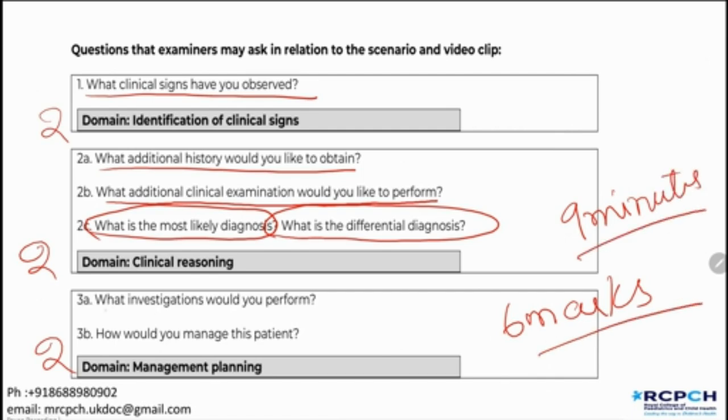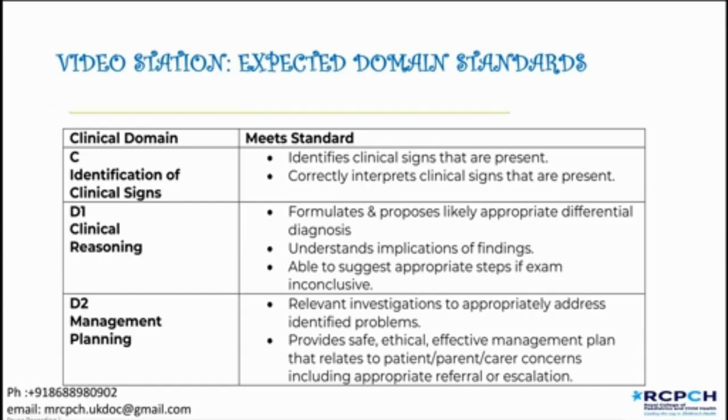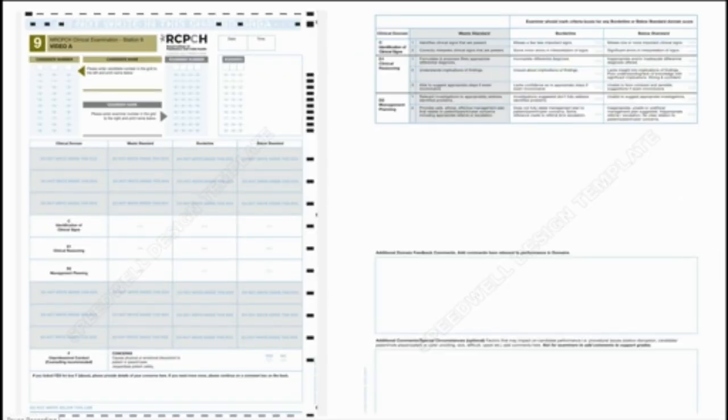And for the next domain, what investigations you would like to perform, and how would you manage this patient, management planning. So the 3 domains are C, D1, D2: identification of the correct clinical signs, clinical reasoning, and management planning.